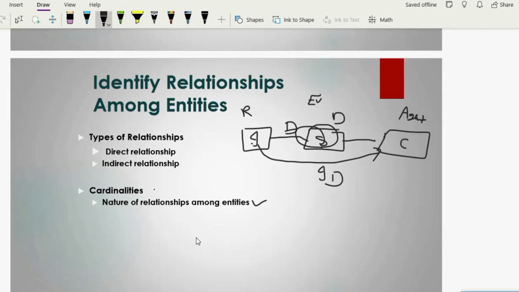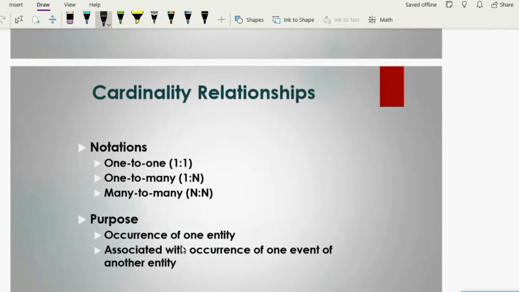We usually have three categories of relation, or notations. We have one-to-one, we have one-to-many, which we don't write as 1 to m, we say 1 is to n, and we have many-to-many. I'll show you these different relations between entities with the help of examples.